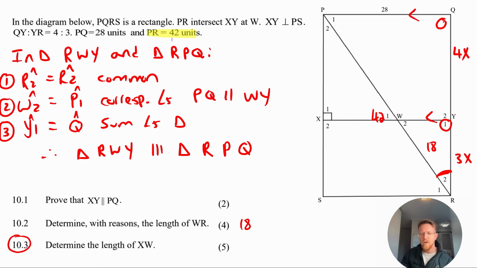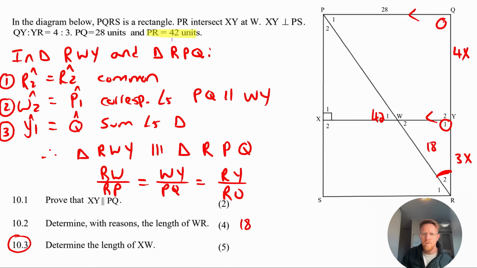Then what we can do is make our ratios. So RW over RP must be the same as WY over PQ, which must then be the same as RY over RQ. Now the reason for this, you can say corresponding sides in proportion, or you can just say similar triangles. Now we're trying to find WY.